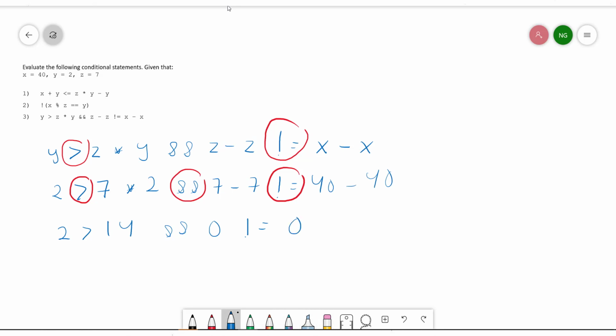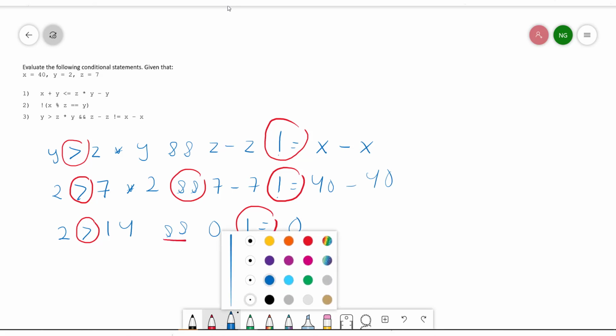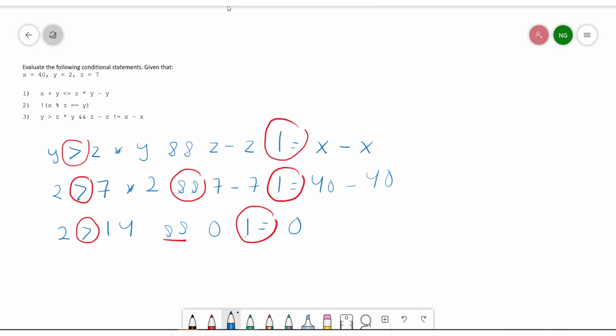So after that, higher ups would be this relational operator. So we'll do this one first and then we'll do that one. Okay, so 2 is 2 more than 14, so that is false.